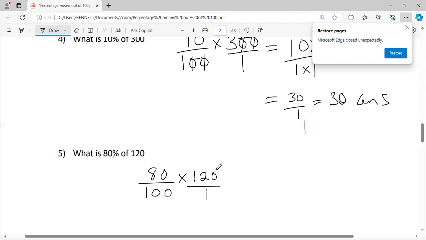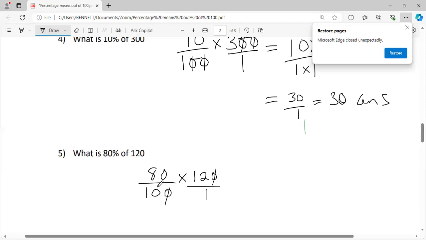So if you have 120 and you divide by 10, we get 12. Now there's no more 0 here. However, we can go here, 80 and 10. Is there any number that can go into 80 and 10 without a remainder? Think about that.